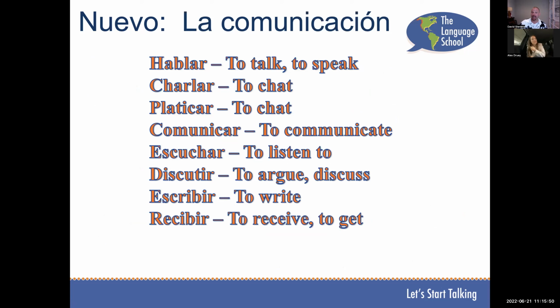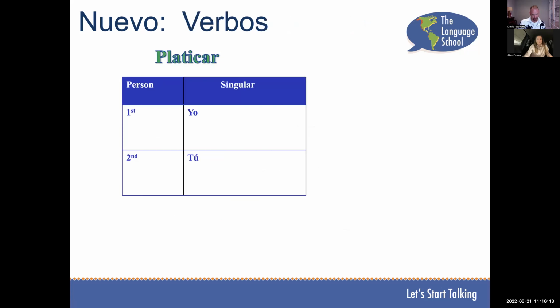Okay. Repite. Hablar. Charlar. Platicar. Comunicar. Escuchar. Discutir. Recibir. Oh, and I think I skipped escribir. Escribir. All right, so let's practice conjugating these new verbs.